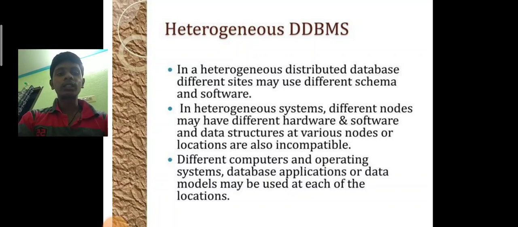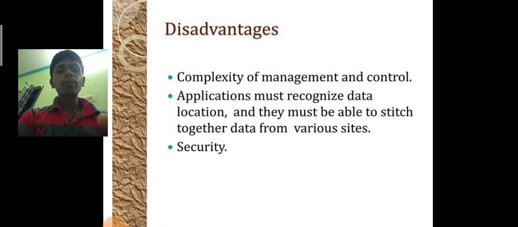Different computers, operating systems, database applications, or data models may be used at each of the locations. Disadvantages: complexity of management and control. Applications must recognize data location, and they must be able to stitch together data from various sites.